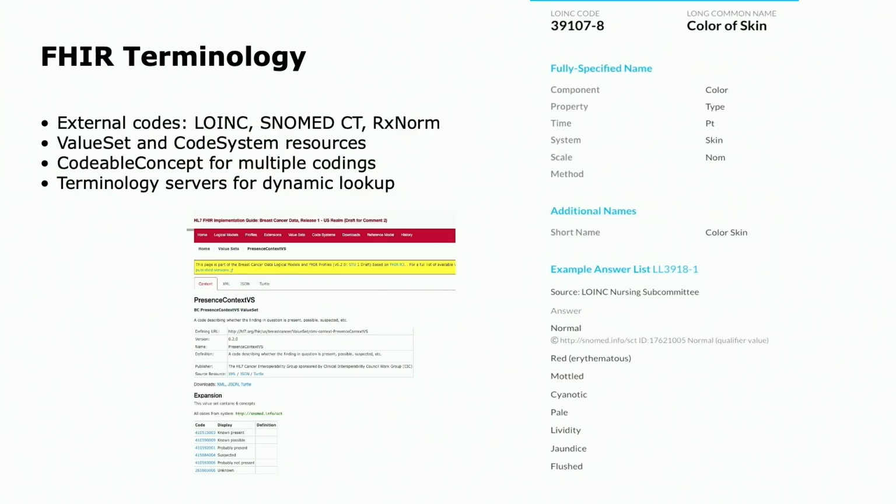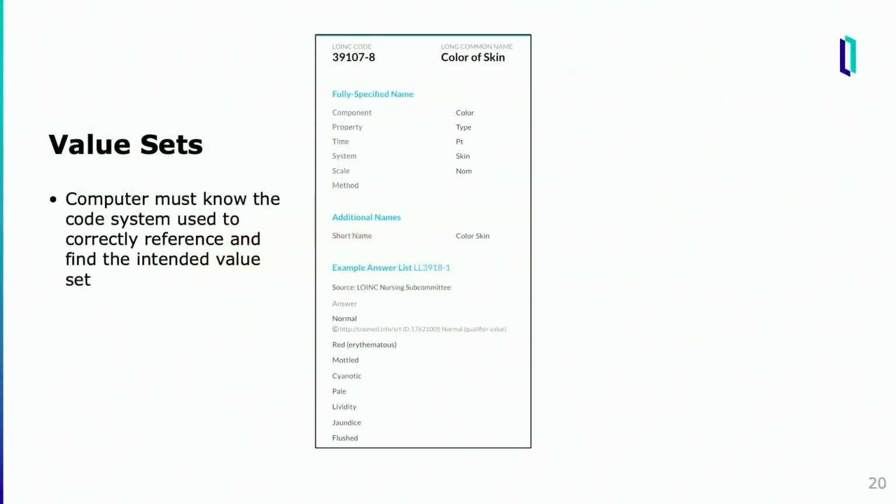As I've mentioned, it's very important. Value sets are very important. And I will use as an example what might seem like an obscure value set, and that's for skin color or skin appearance. Well, it doesn't seem like a profound healthcare concept, but in fact, if you're going to exchange data between systems, everybody has to be using the same code or the same concept for something like mottled or lividity or redness even.